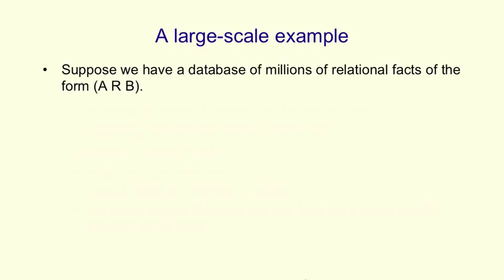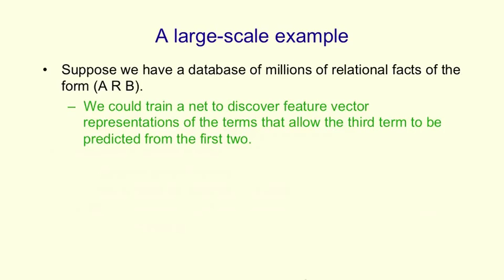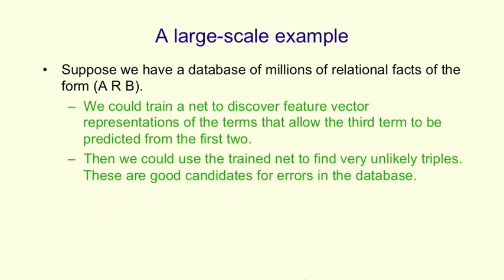Now we have much bigger computers and we have databases of millions of relational facts, many of which are of the form A, R, B. A has relationship R to B. We could imagine training a net to discover feature vector representations of A and R that allow it to predict the feature vector representation of B. If we did that, it would be a very good way of cleaning a database.